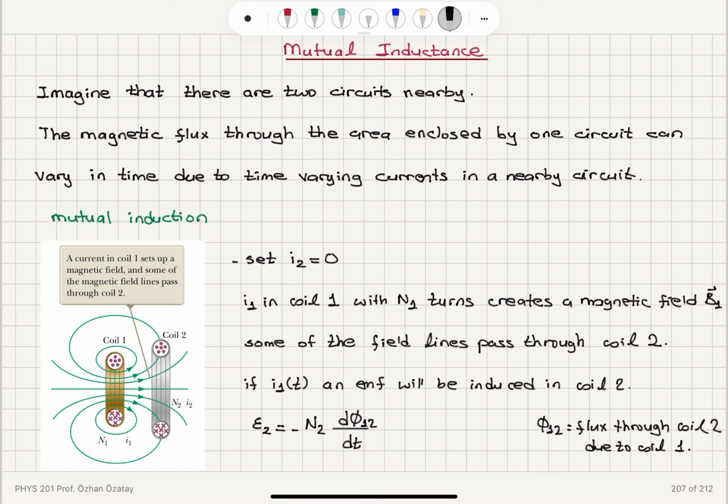And I'm going to call this minus M12, the mutual inductance, times di1 dt. So this is the inductance created due to the time-varying current in coil 1. So I define M12 as the mutual inductance.